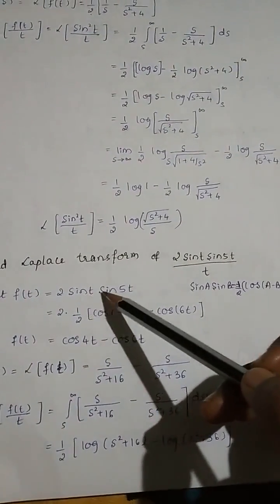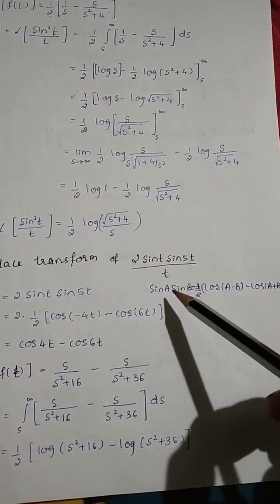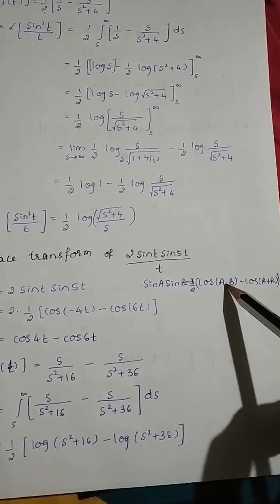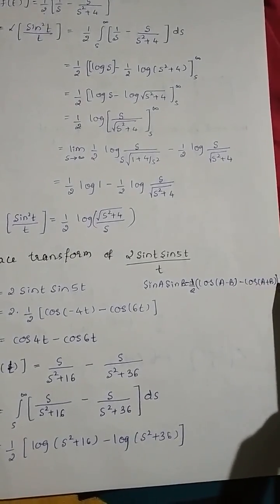Next, for sin t into sin 5t, I am applying the trigonometric formula: sin a into sin b is equal to 1 by 2 into bracket cos of a minus b minus cos of a plus b.